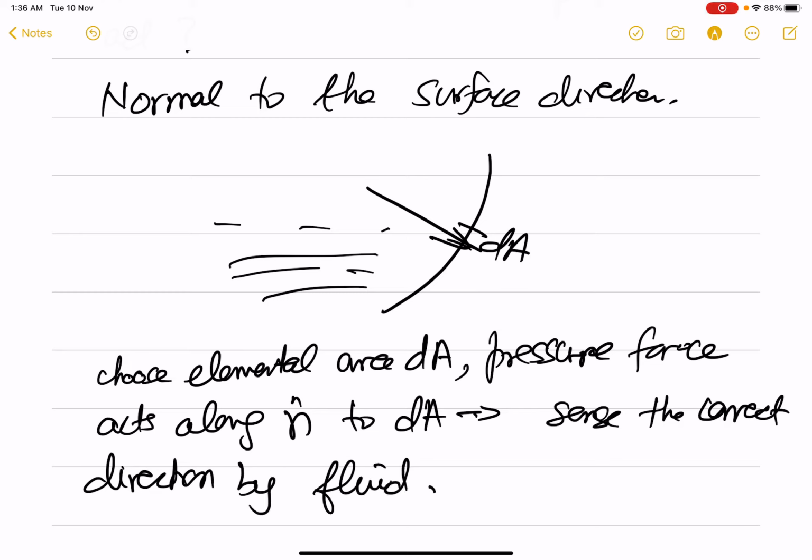So therefore the pressure force acts normal to the surface. This is what we should remember.